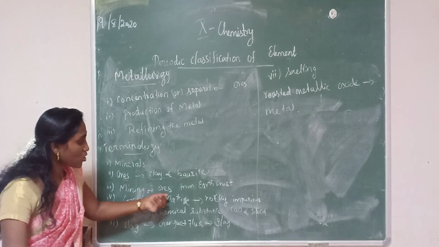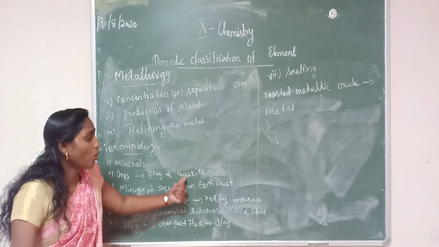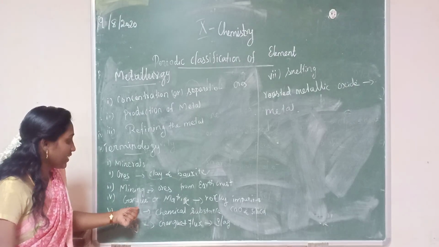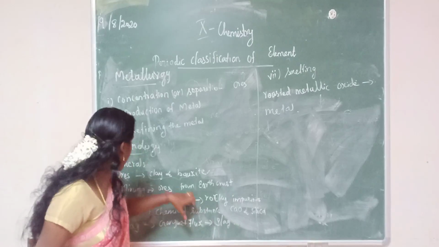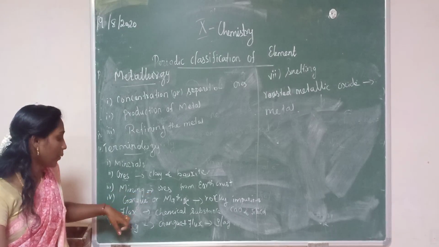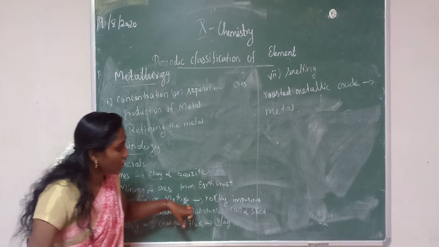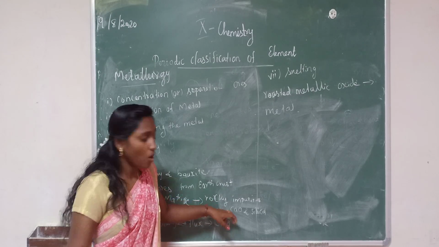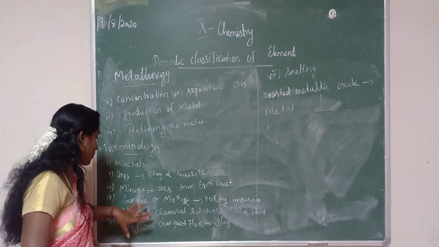Mining is a process to extract the ores from earth crust. Gangue or matrix means the rocky impurities associated with ores. Then flux is a chemical substance added to remove the impurities. Mostly calcium oxide and silica are added to the ore.